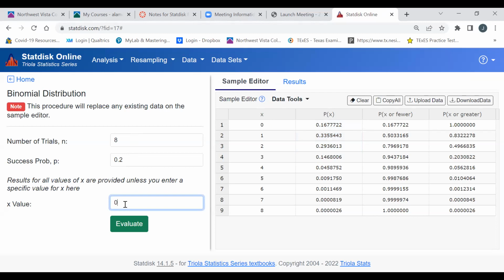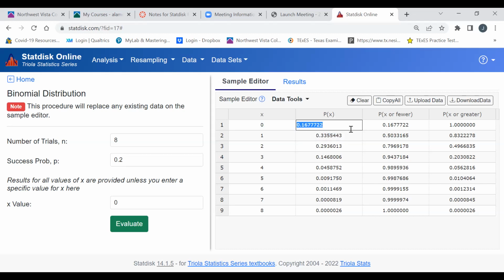So we'll have to go to the 0 row and go to my exact. And so here it is. Here's my exact. My P of X column represents the exact.